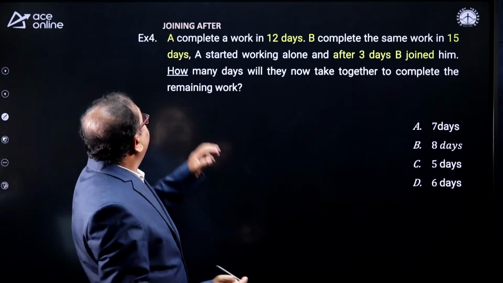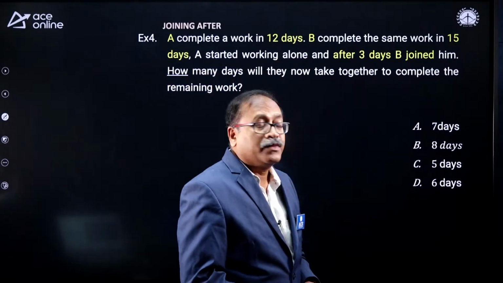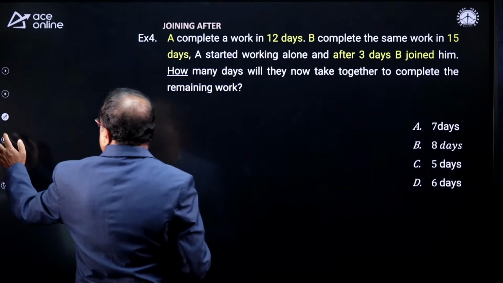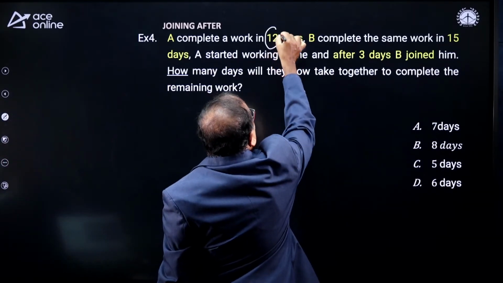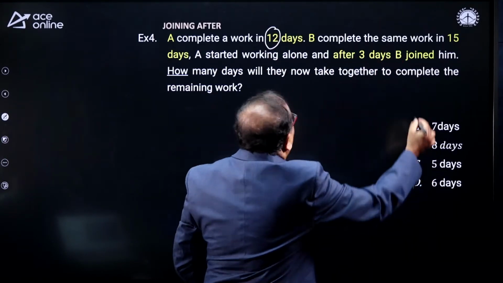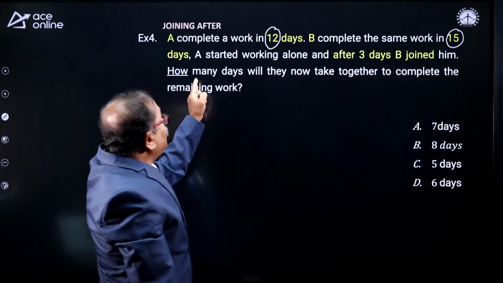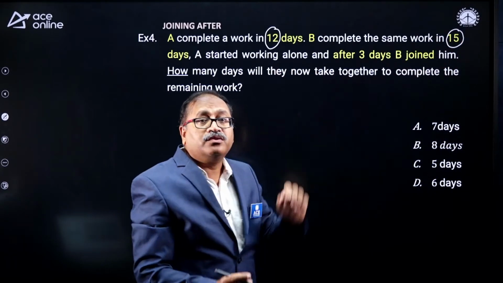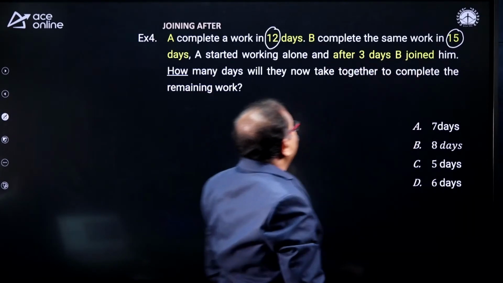And here it says A completes a work in 12 days. Okay, so let's underline these days. B completes the same work in 15 days. A started working alone, and after 3 days B joins.